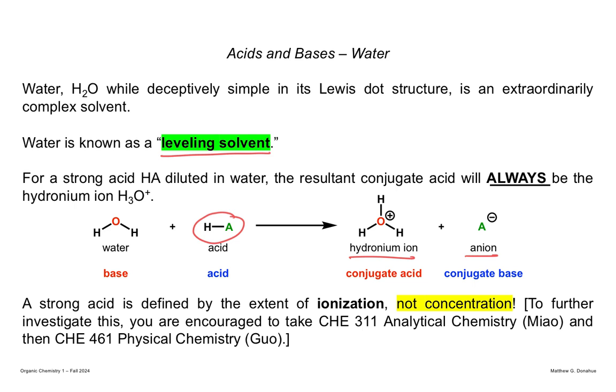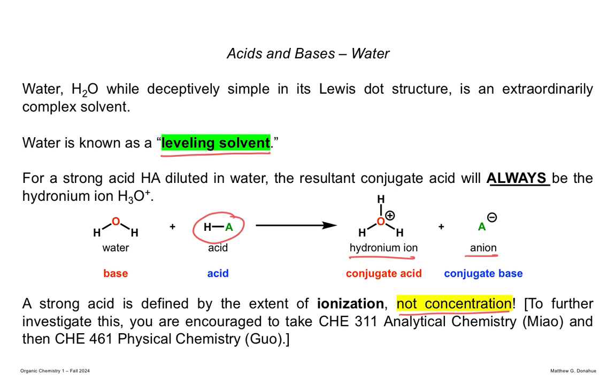And acid-base theories, they can get pretty complex. One thing I want to emphasize to you that's sort of different from Gen Chem, these reactions are not based on concentration, that number molarity in square brackets.